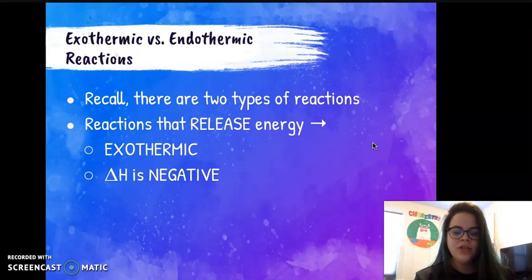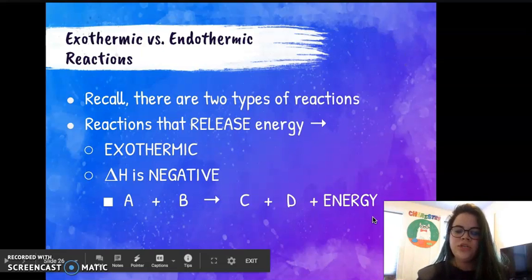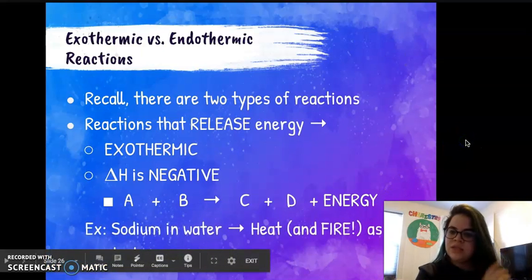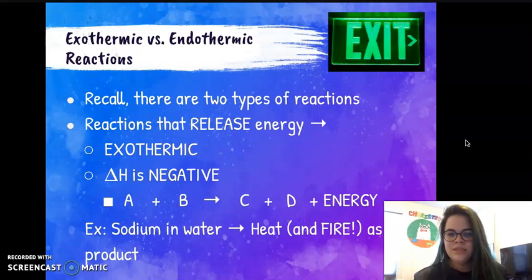In a chemical reaction, negative delta H, or an exothermic process, will have energy located in the product side, meaning you released that energy as a result of your reaction. An example, when we put the group 1 metals such as sodium in water, you release heat and fire, and it exits the system because it is an exothermic process.